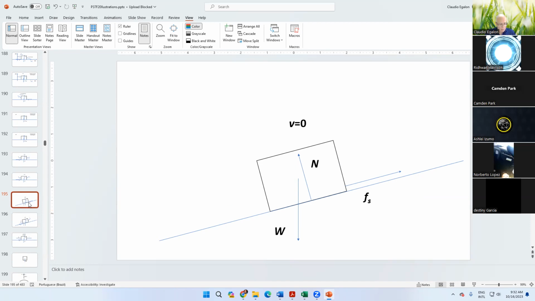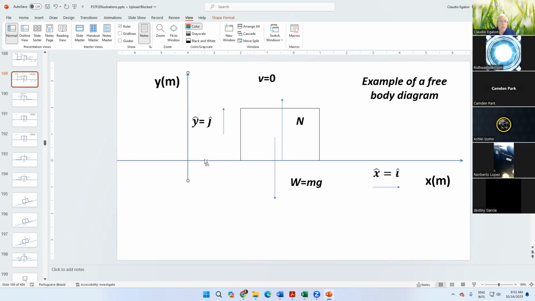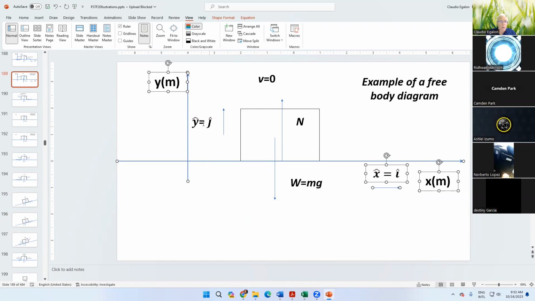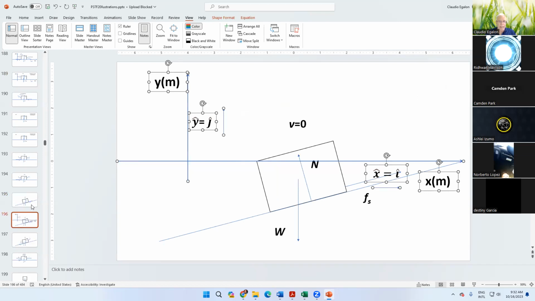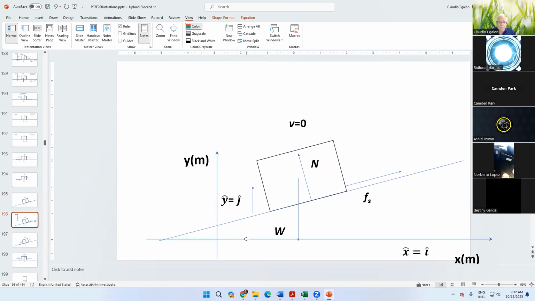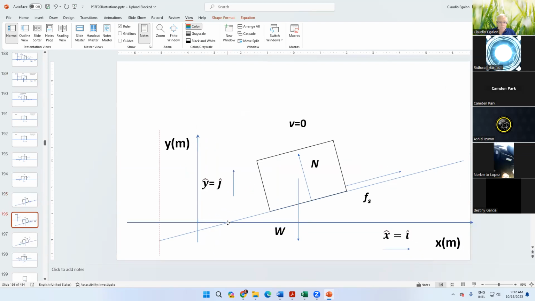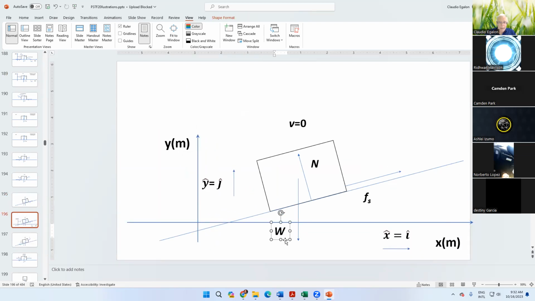I can go ahead and put my Y and X axis. This is the weight.